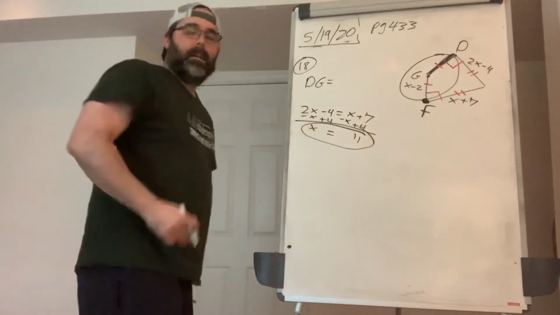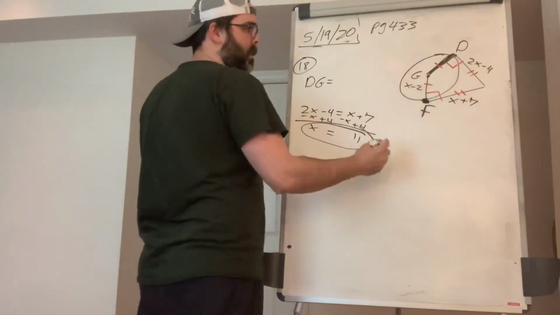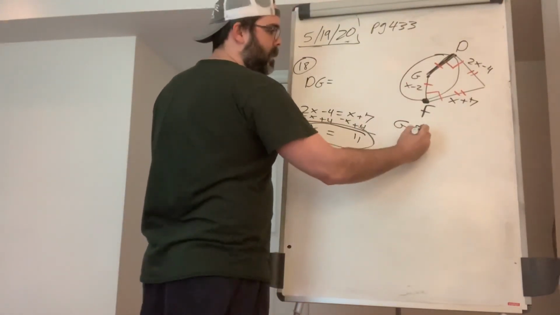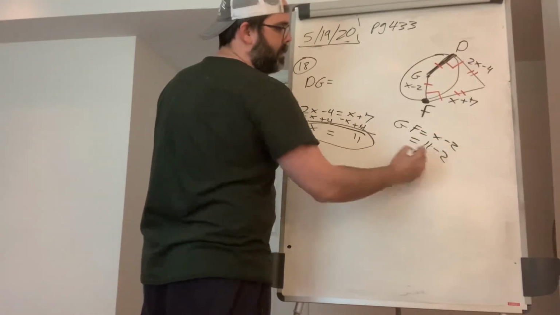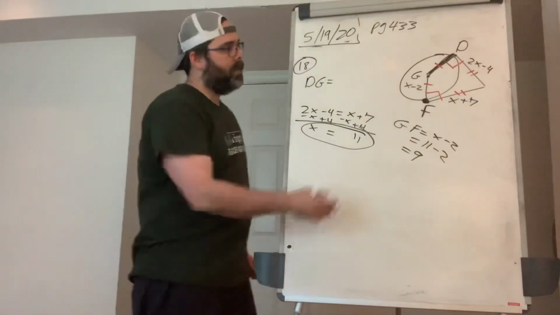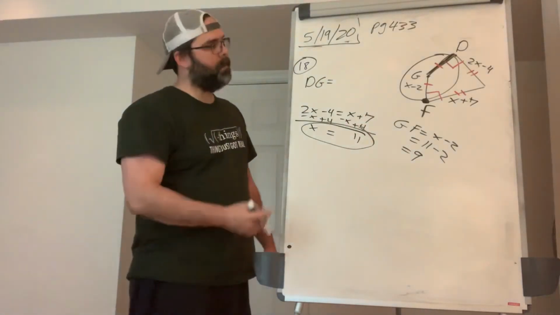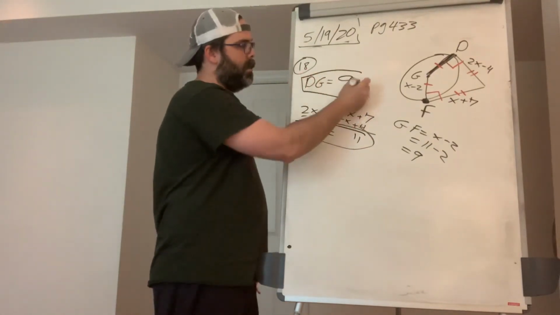Okay, x is 11, which means that I can plug 11 into here. And I know that GF equals x minus 2, so therefore it is 11 minus 2, so it is 9. Now, if GF is 9, which is the radius, then we know GD is also 9, which is the radius as well.